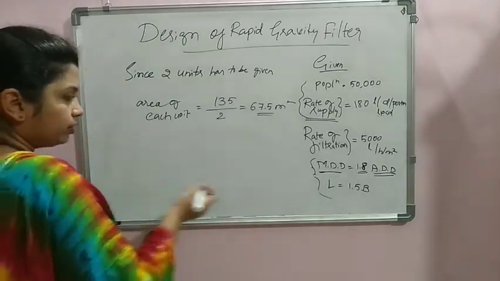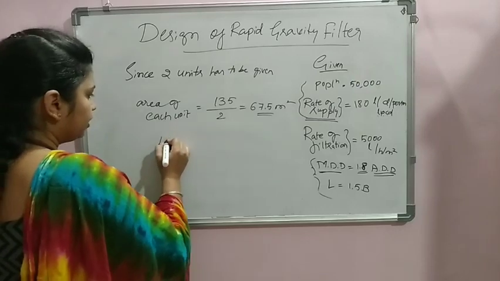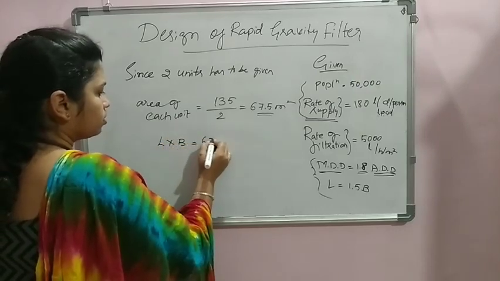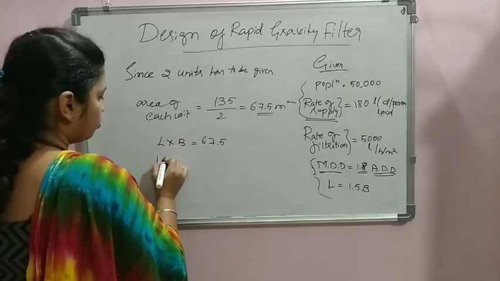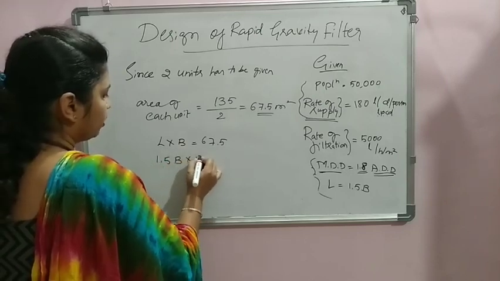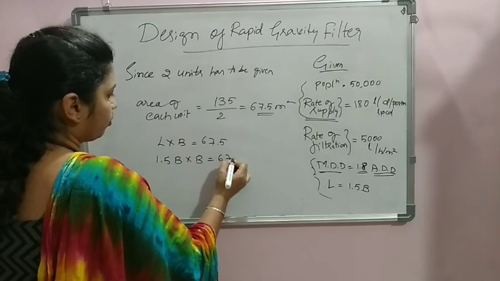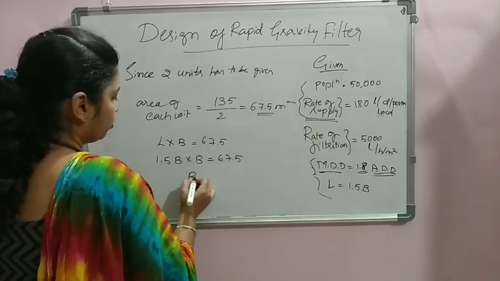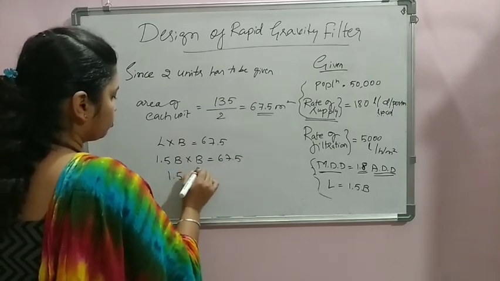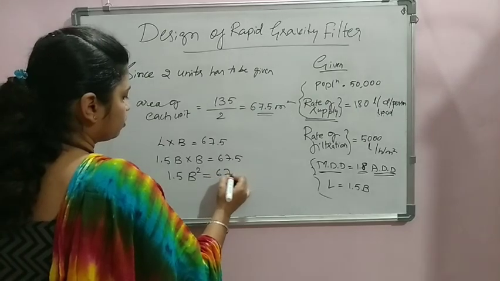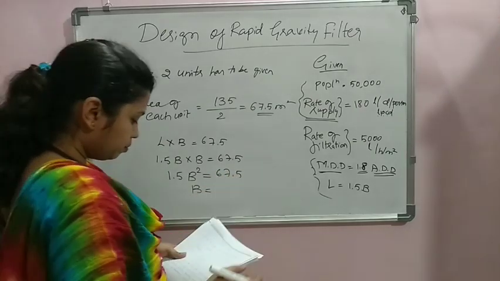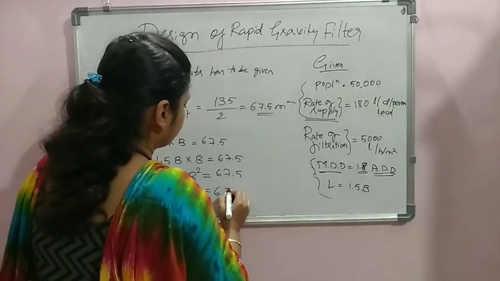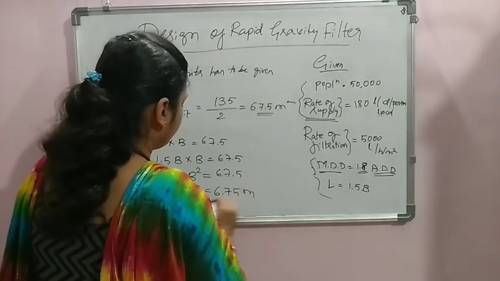And next, let us consider length into breadth is equal to 67.5 meter square. So we have length is equal to 1.5 times the breadth, so 1.5 B into B is 67.5. So B comes to be 6.75 meter.